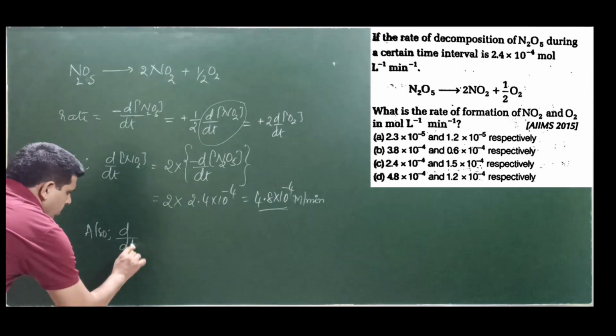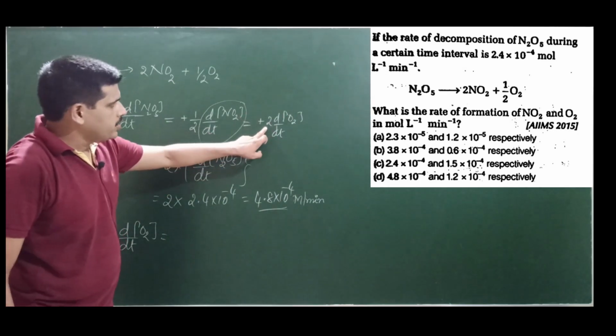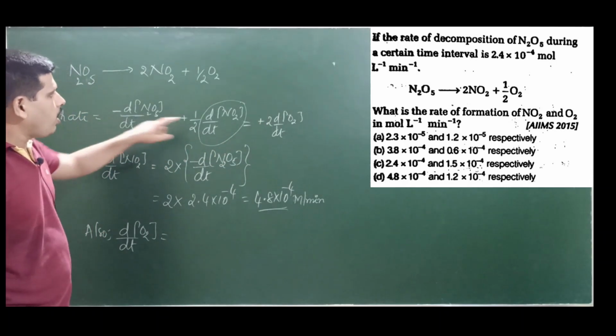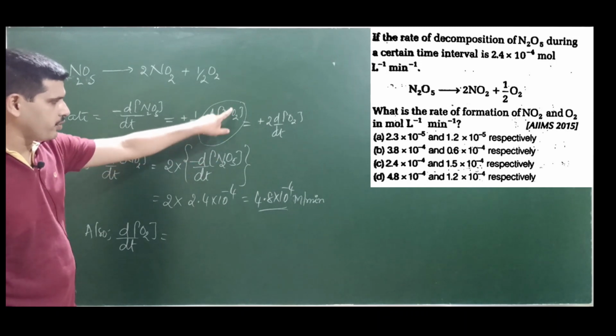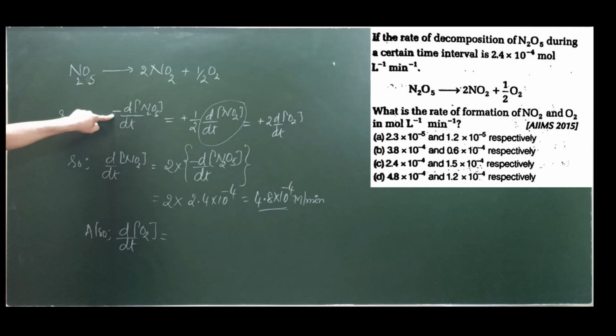d by dt of concentration of O2, which should be equal to, see 2 is here, when you take it to the other side it will become 1 by 2, or you can write 1 by 4 into d by dt of NO2, that is also fine, but it will relate to any given thing, which is 2.4.